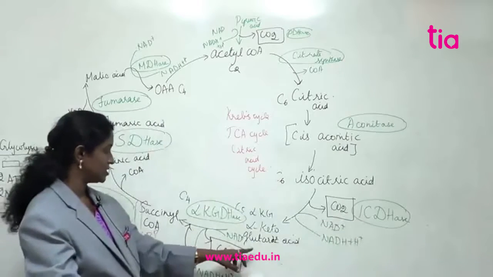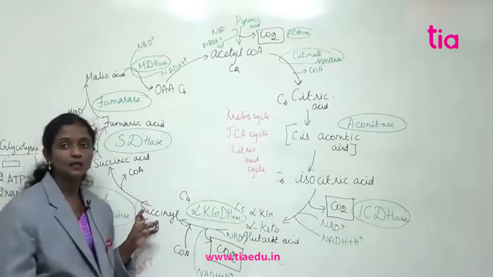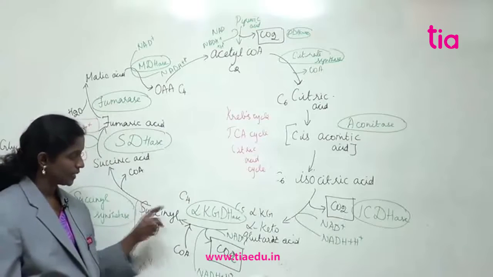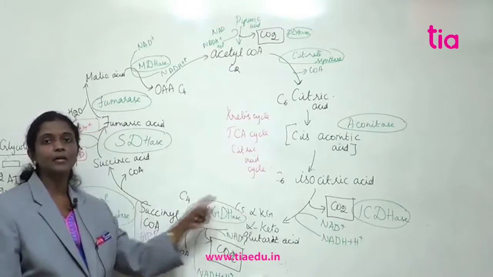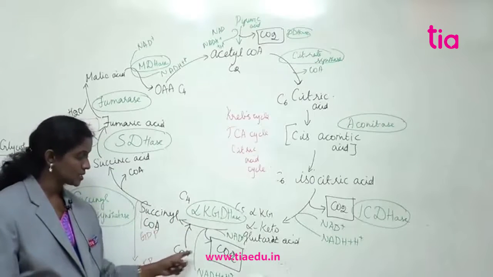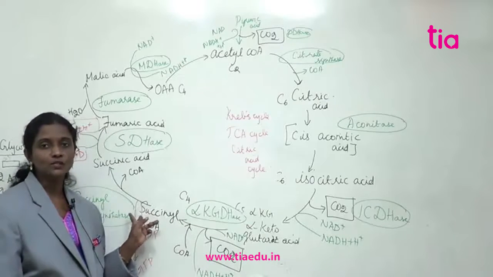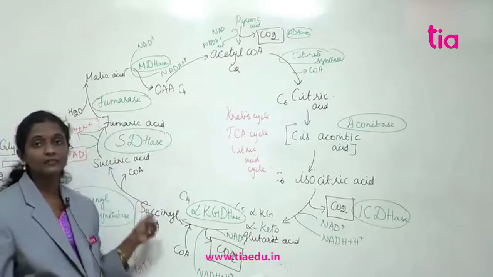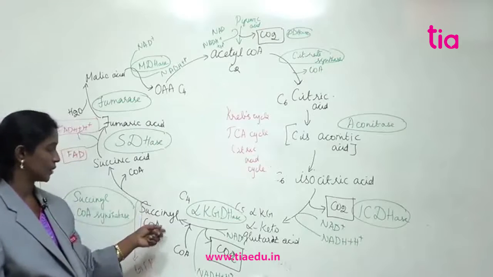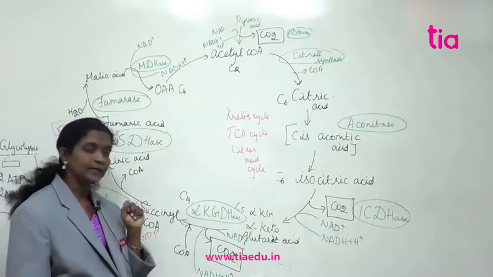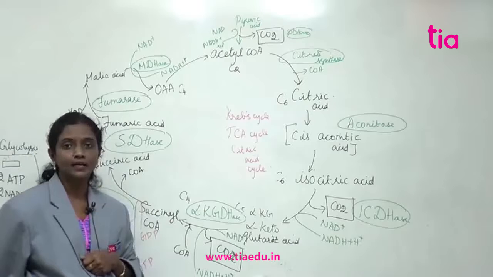Then we get alpha Kg, and from alpha Kg, succinyl-CoA. When C5 becomes C4, one carbon dioxide is again lost. So back to C4. We started with C4 and came back to C4, succinyl-CoA. Again the enzyme is alpha Kg dehydrogenase.